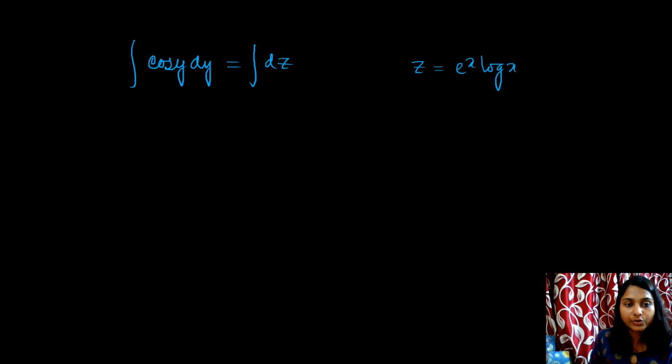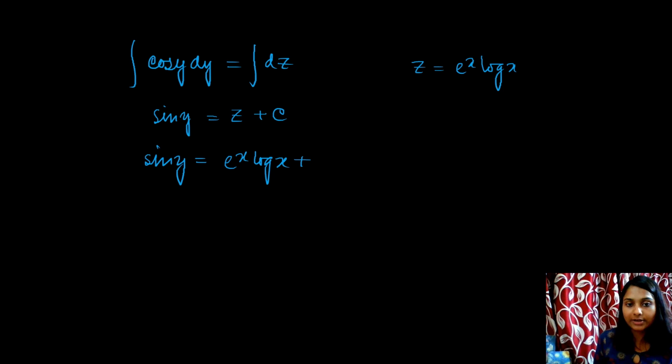So integration of cos y is sin y, and integration of dz is z plus c. So it will give sin y equals e power x log x plus c. This is the solution.